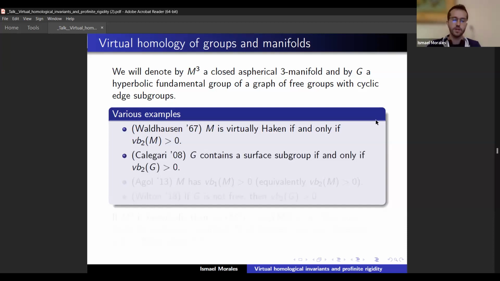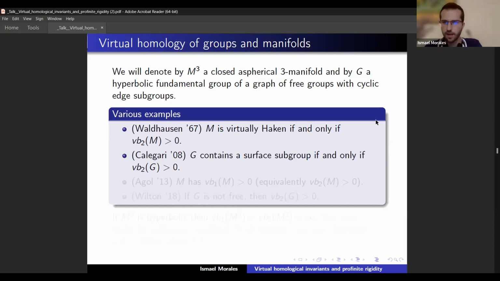There's an analogy of this result in a combinatorial setting that we care about, because such a G, a hyperbolic fundamental group of a graph of free groups with cyclic edge subgroups, contains a surface subgroup if and only if the virtual second Betti number is positive, which is quite a surprising analogy between the two cases.